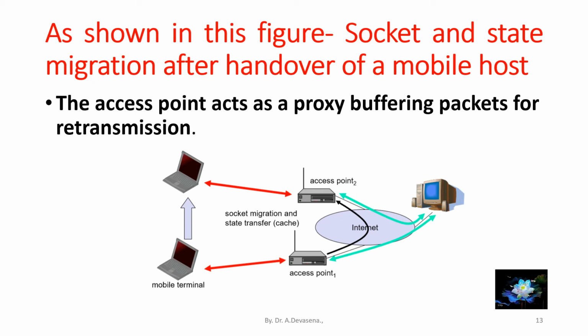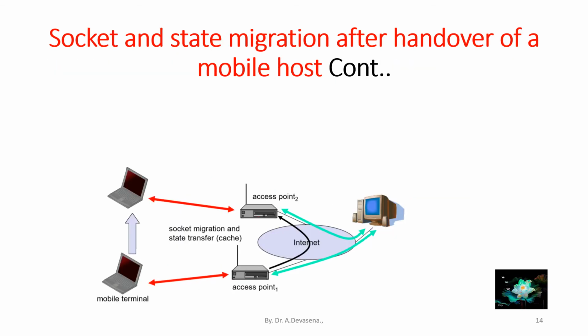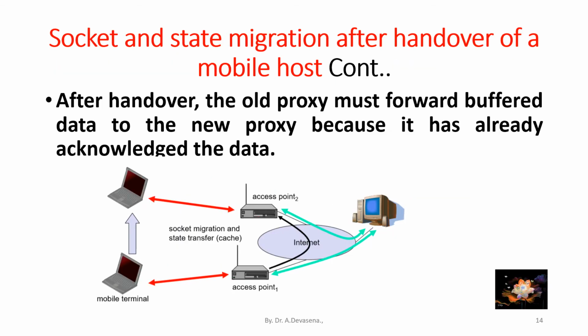The access point acts as a proxy buffering packets for retransmission. After handover, the old proxy must forward buffered data to the new proxy because it has already acknowledged the data. And this is indicated in this diagram.